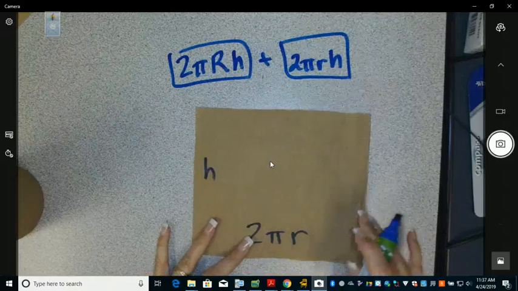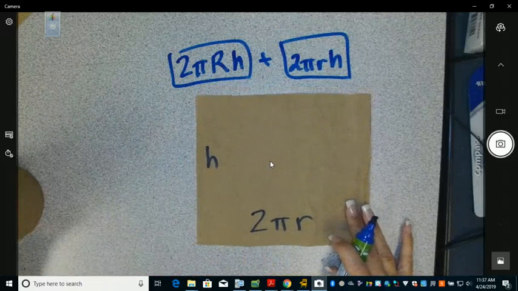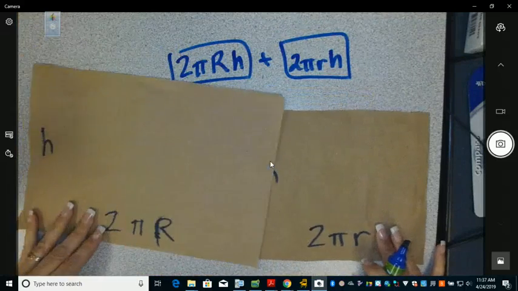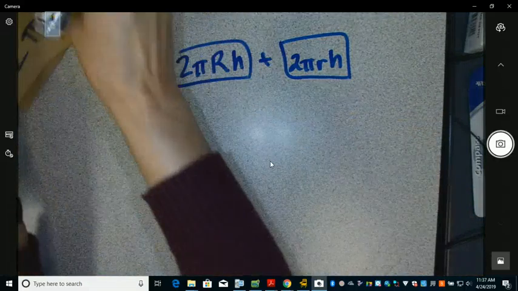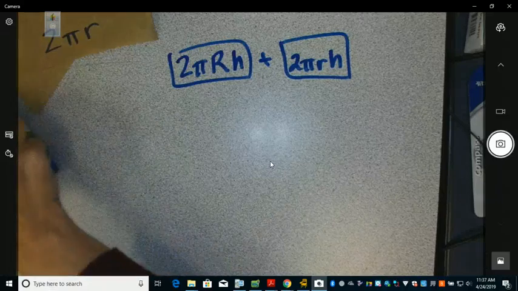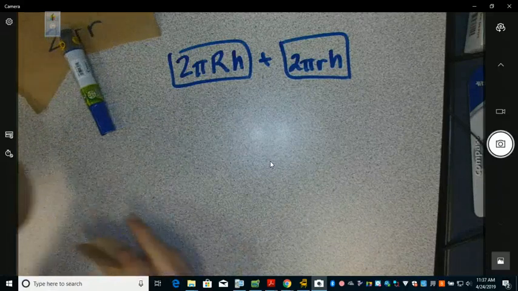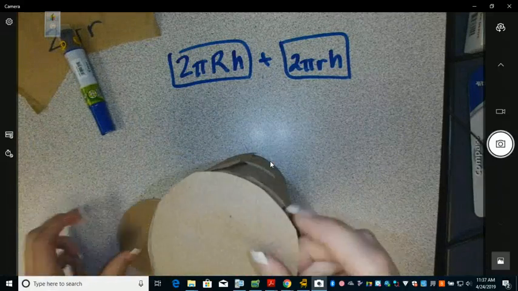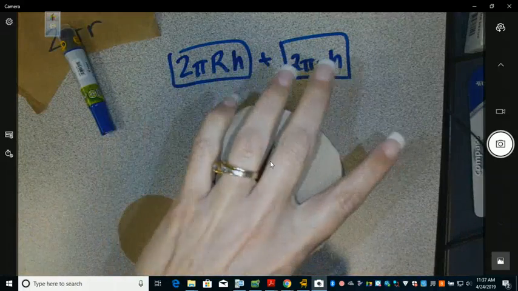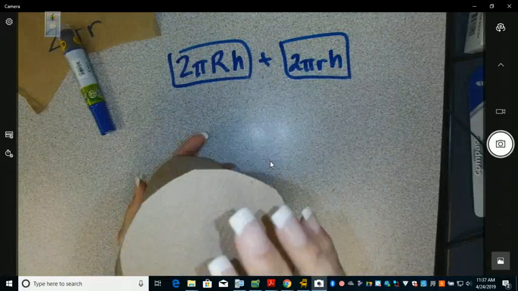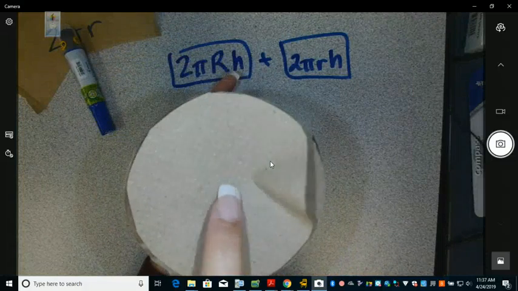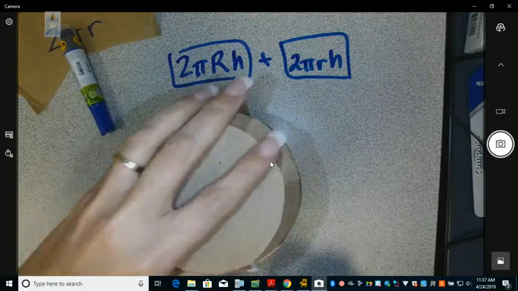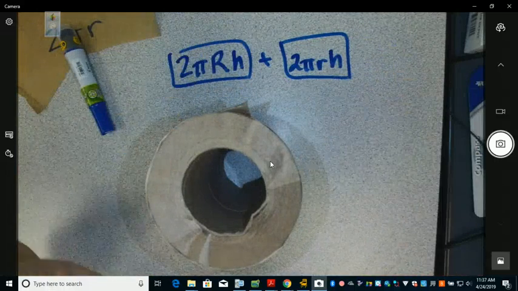I would have to add those together because you have to have both of those calculated in the surface area. Now furthermore, if I look at the end, I see that there is a circle on this side, and a circle on this side, but we can't count those circles because there's a hole in it. So actually, we're not going to add these.